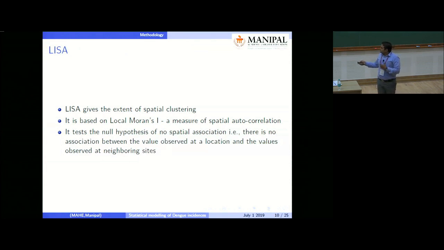So this is based on local Moran's I, which is also a measure of spatial autocorrelation. And LISA tests the null hypothesis that there is no spatial association, that is, there is no association between the value observed at a location and the values observed at the neighboring sites.